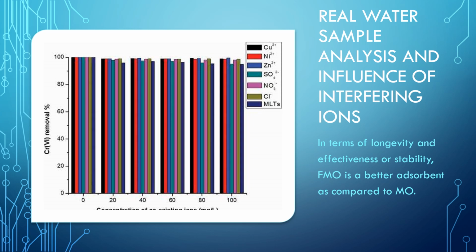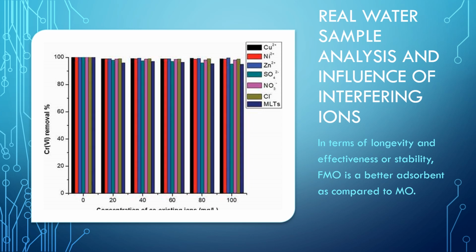In this experiment, the removal of chromium-6 was studied in the presence of a few selected ions like Ni2+, Cu2+, Zn2+, SO4 2-, Cl-, and NO3- at different concentrations, 20 to 100 milligrams per liter. The study was conducted to investigate the selectivity of FMO towards chromium-6 in the presence of other ions.